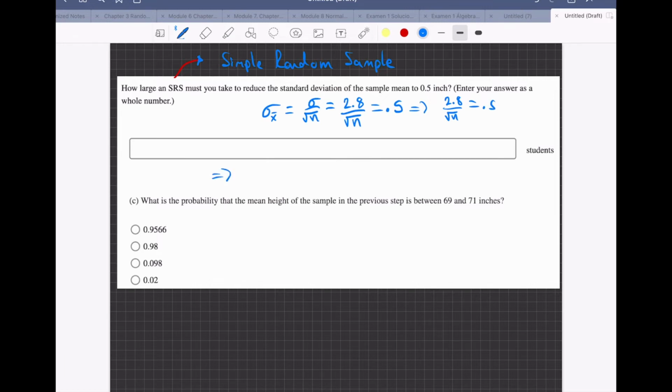If you solve for n, you're going to get that n is equal to 2.8 divided by 0.5, squared.